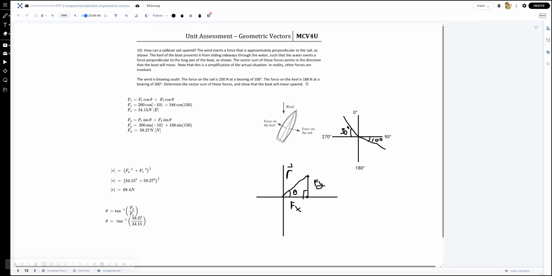And when we do this, we get that theta is equal to approximately 60.1.